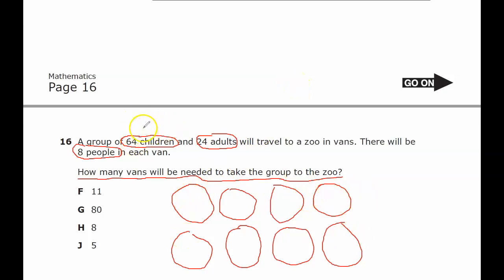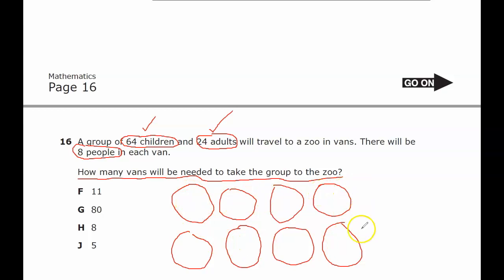Now I need to put people in vans. So I have 64 children and I have 24 adults. Okay, we can do 64 children first since that is the number that is here first. So we're going to put 64 children into these buses.